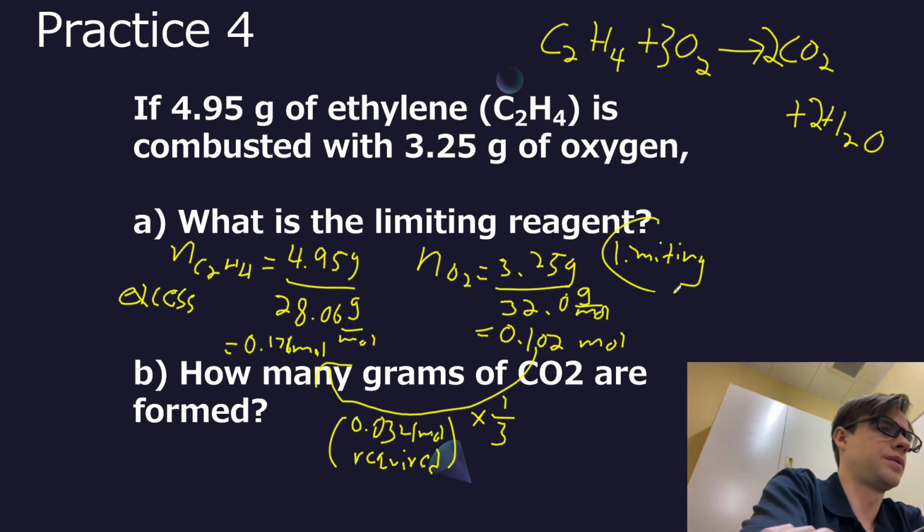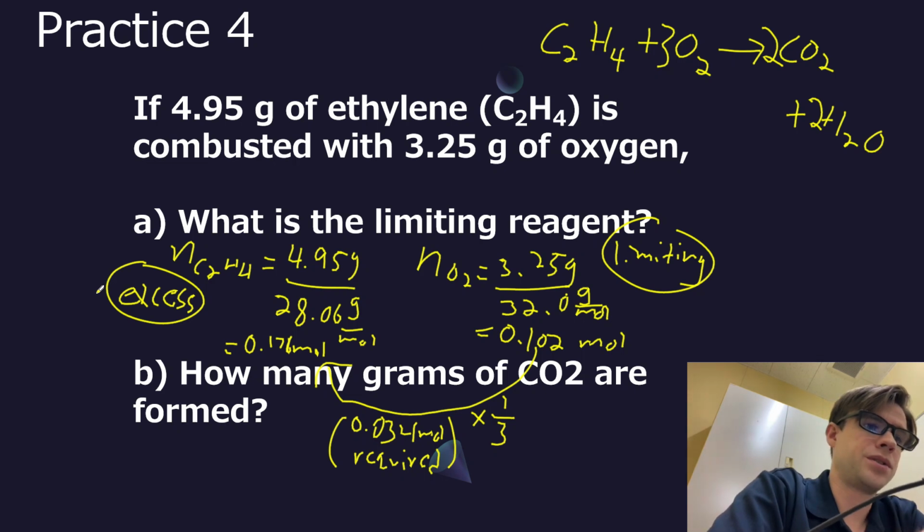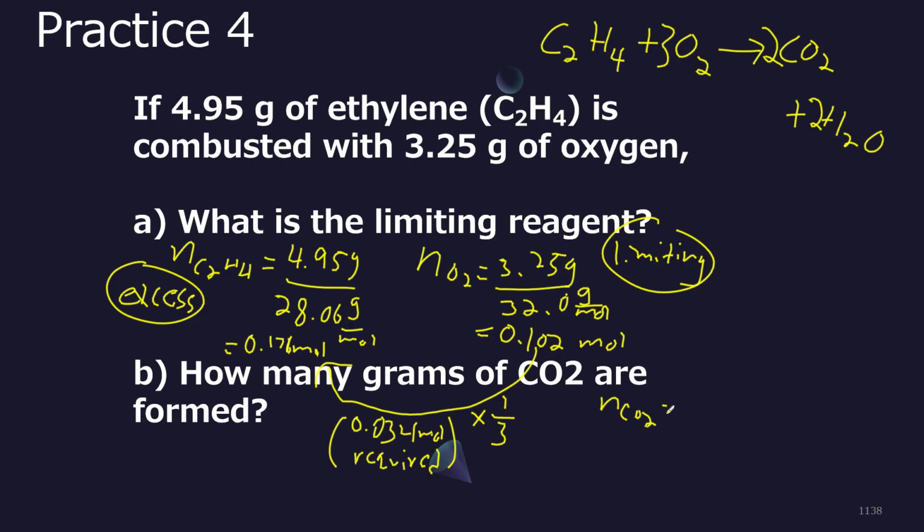Okay, so now that we've got that, we can start to answer part B. How many grams of CO2 are formed? Well, ratios again. The ratio of CO2 moles to our limiting reagent, O2, is equal to 2 to 3. 2 CO2 can be produced by 3 O2.